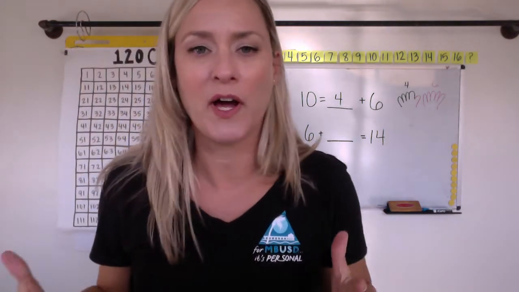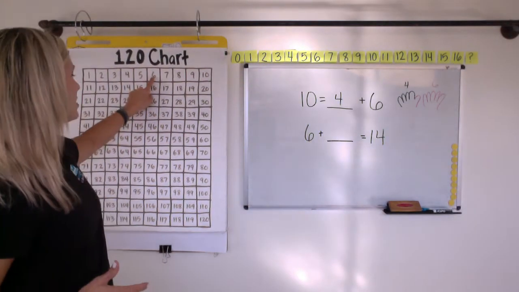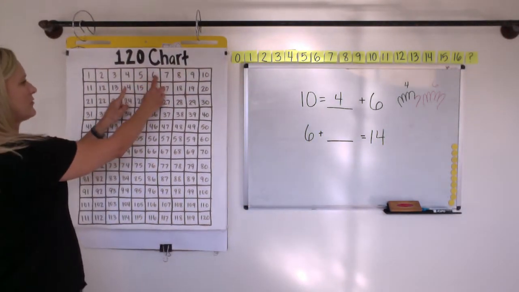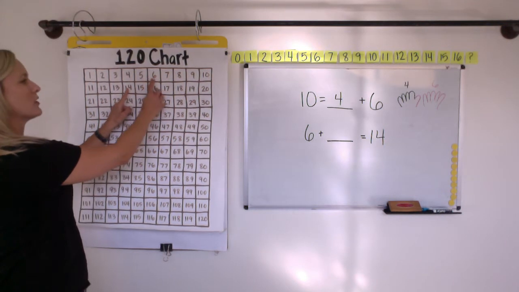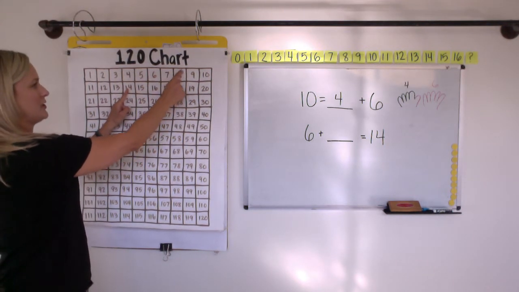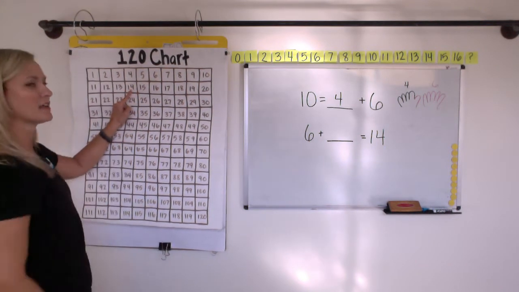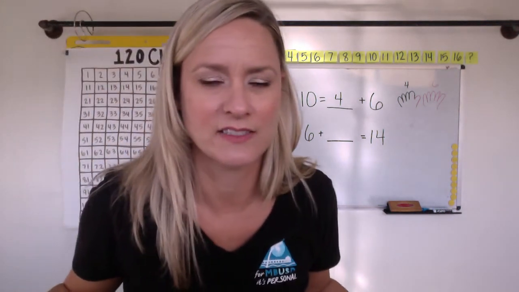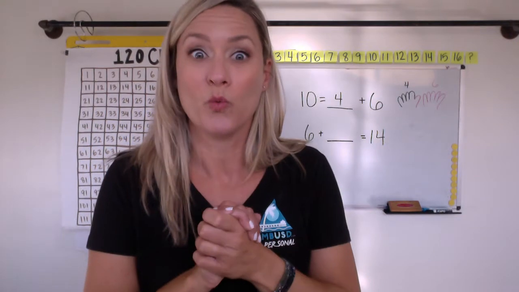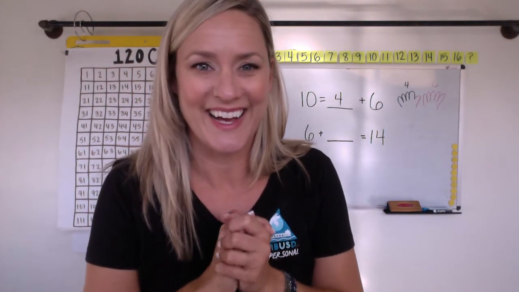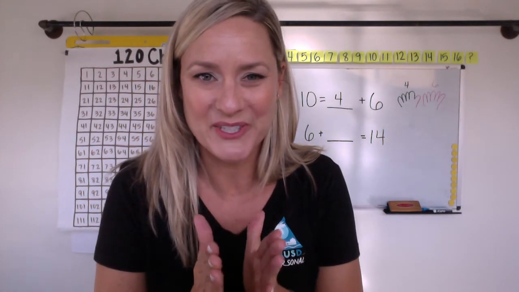Maybe you thought about 6 plus what would get you to 14. So maybe you said 1, 2, 3, 4, 5, 6, 7, 8. Did anybody do that? Wait a minute. I bet some of you may have used your 100 chart in a different way.